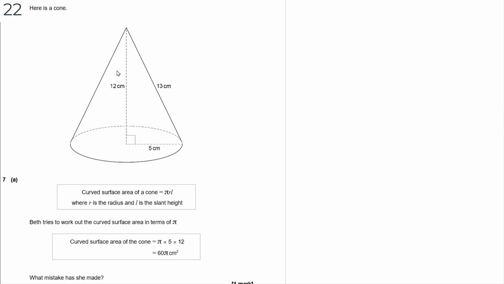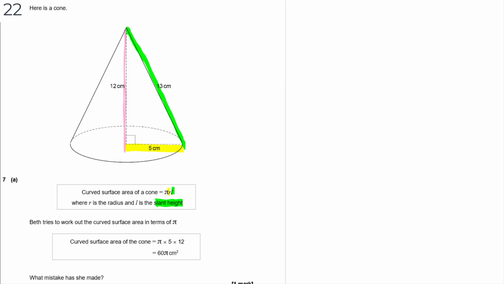Well, the curved surface area of the cone is pi r L, where r is the radius, in this case that distance there, and L is the slant height, it says here. Now that slant height is this one. Okay, that's the slant height. This one, the 12, that's what we call the perpendicular height. The green one is the slant height.